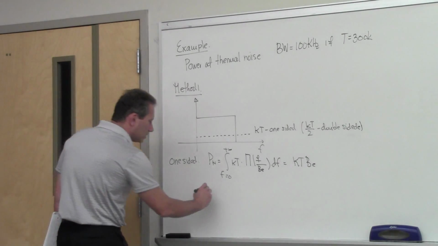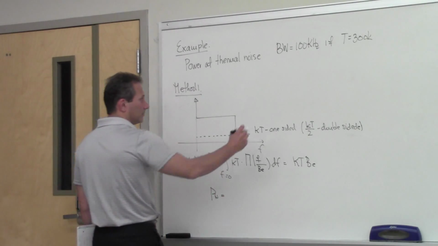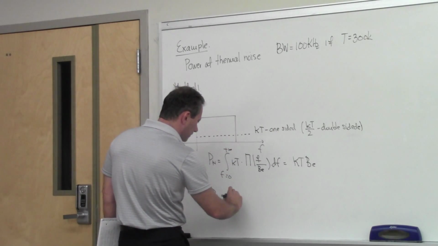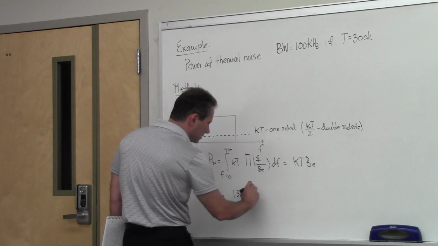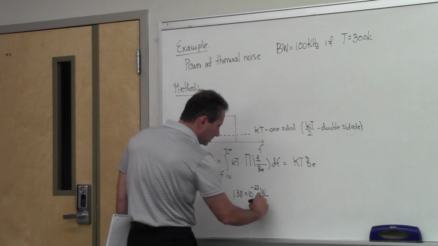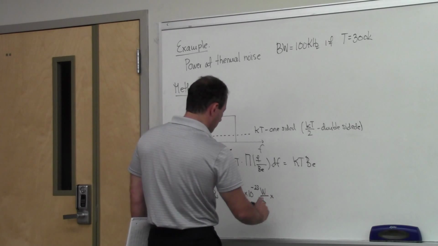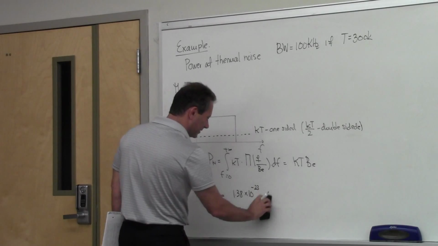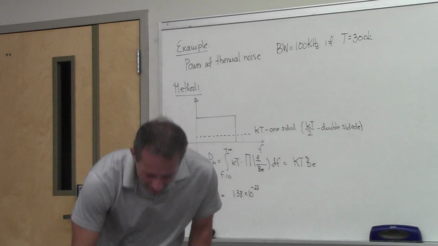So in other words, if I were to do the calculations with the actual numbers, KT is 1.38 times 10 to the minus 23 watts per hertz times 300.